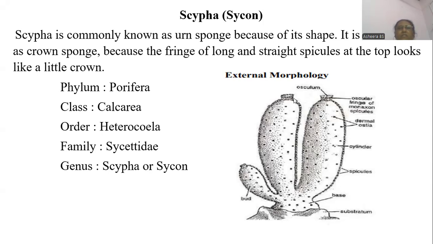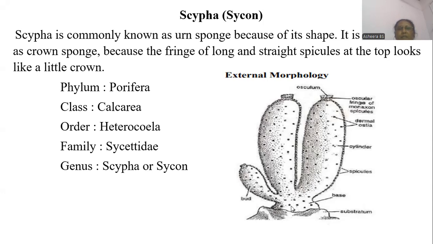This oscular fringe is made up of monoaxon spicules and is surrounding the osculum. On the body surface, you can see many small pores called dermal ostia. All over the body you can also see the spicules, but these are smaller compared to the oscular fringe.